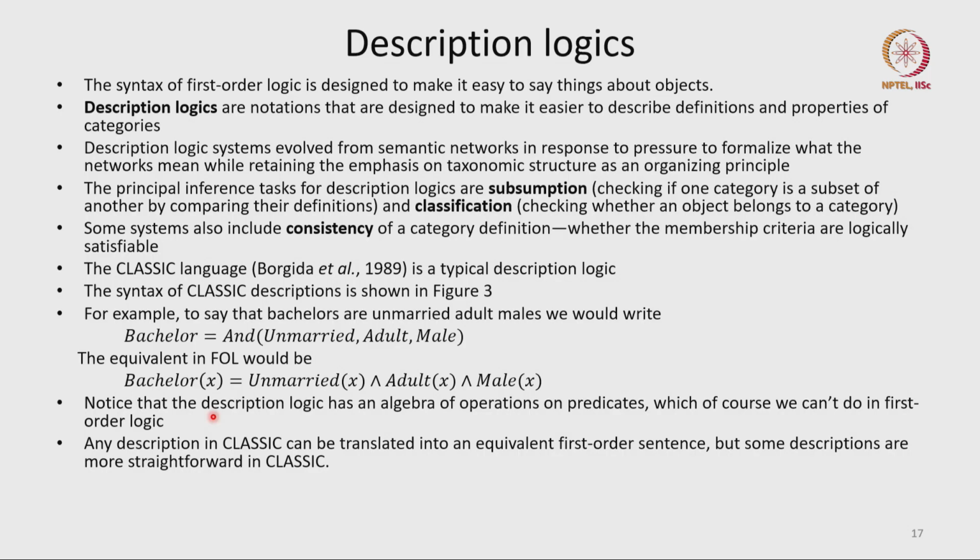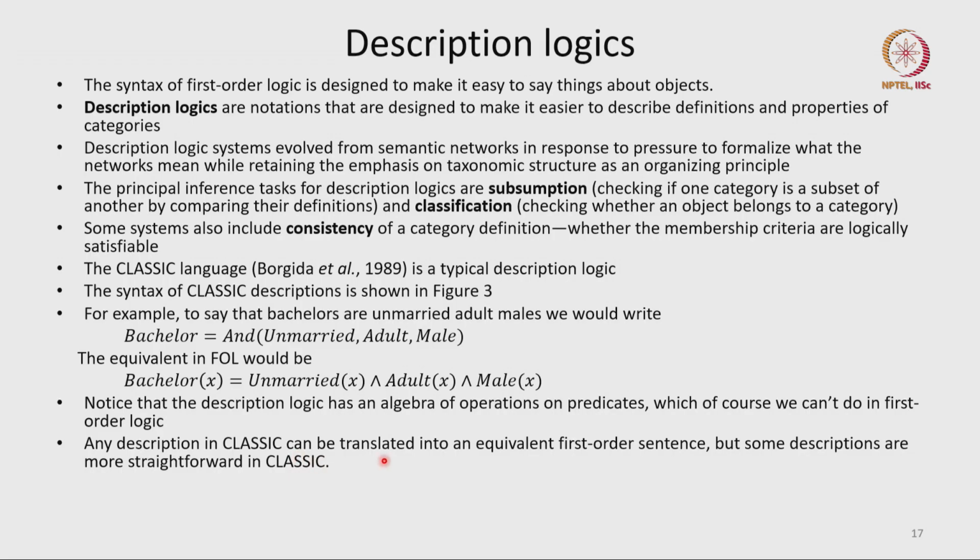So, what you find is that there are some things which can be represented much easier using description logic, and there are some things which can be represented much easier using first order logic. But you should be able to translate from one to the other.